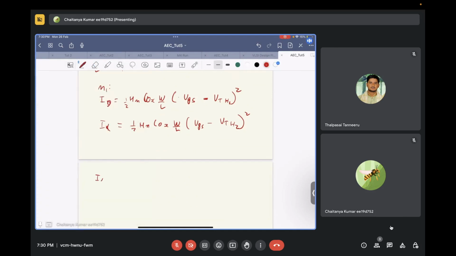So we will do alpha ID minus I alpha, that is equal to half mu1 Cox W by L times VGS minus VTH1 whole squared minus alpha times VGS minus VTH2 whole squared. Alpha is over here.